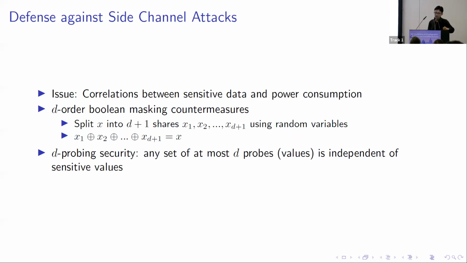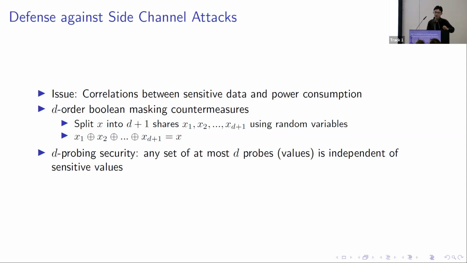A masking scheme is often analyzed in a security model called the D-probing security model. This model assures us that an adversary can make up to D probes at a time.